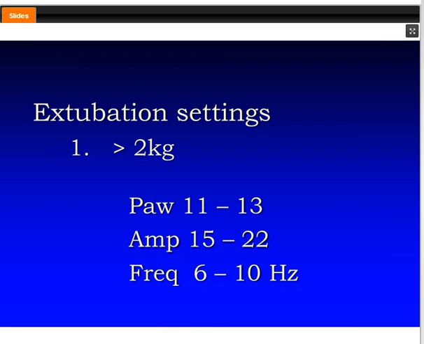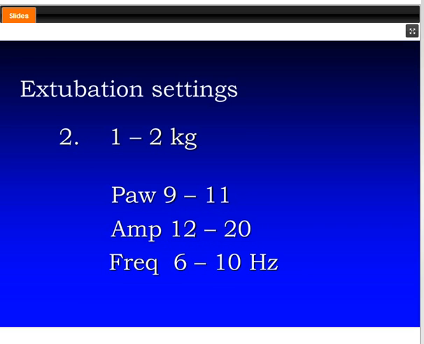Well, you can and should extubate babies directly from the high-frequency ventilator. If you weigh more than 2 kilos, a mean airway pressure of 11 to 13, amplitude of 15 to 22, frequency 6 to 10 hertz, and they will be extubatable to CPAP or NIPV, and some of them even to a high-flow cannula. 1 to 2 kilo babies, a mean a little bit lower, 9 to 11, amplitude 12 to 20, frequency 6 to 10 hertz.